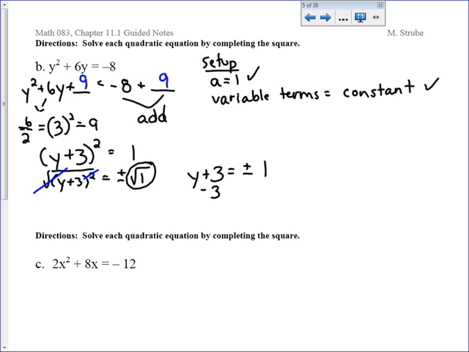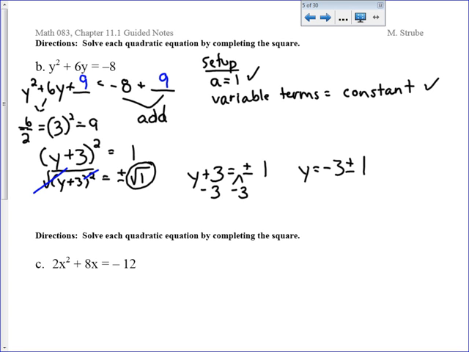And this is one of the places where it's important where you put that negative 3 on the other side, because it tends to confuse your answer if you put it in the wrong place. So just like we did with all the others, we're going to sandwich that negative 3 in front of the plus or minus. So our answer is y equals negative 3 plus or minus 1.